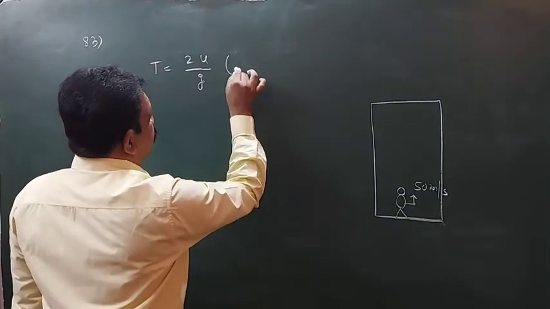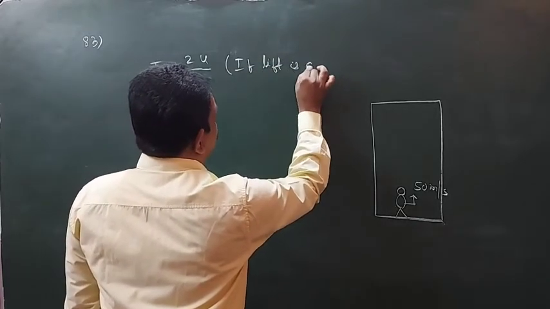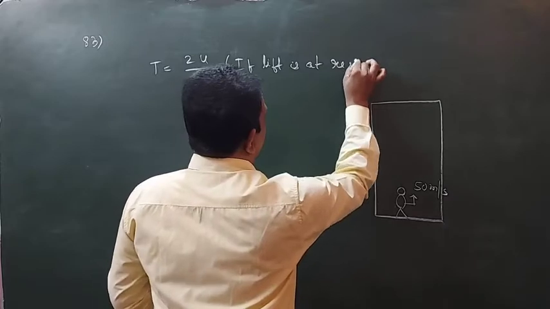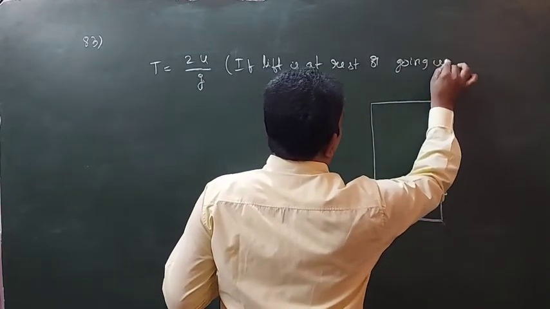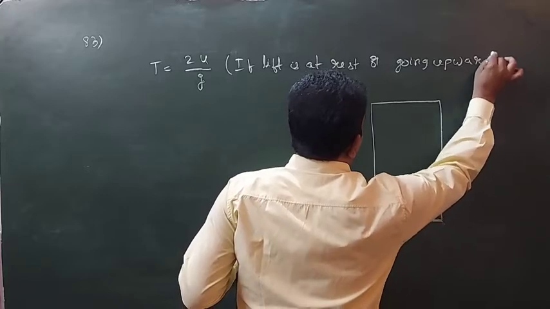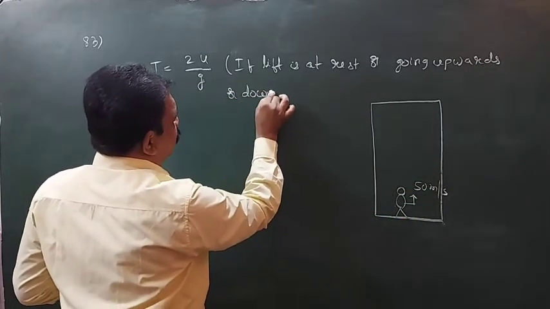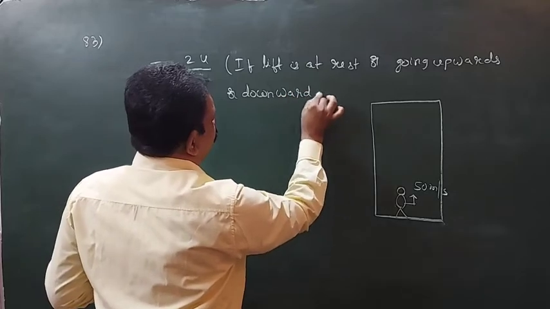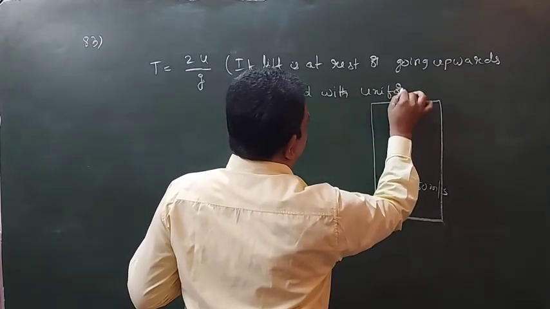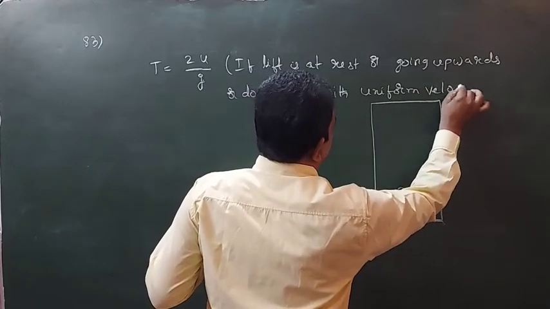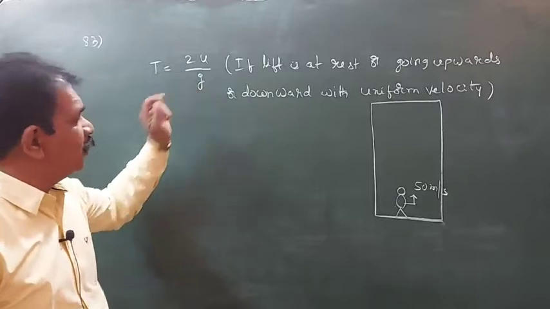This is the formula to find the time of flight if the lift is at rest or going upward or downward with uniform velocity.